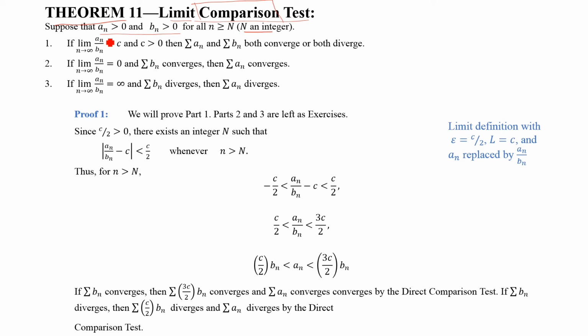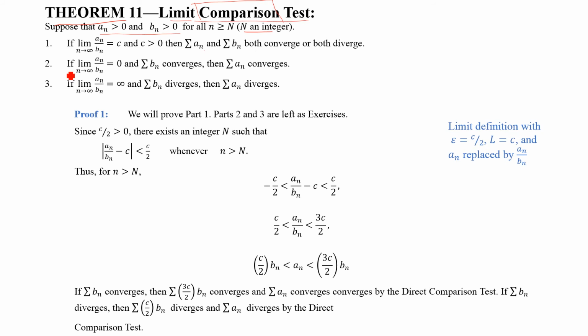If the limit of a_n over b_n, that is the quotient of a_n and b_n, as n approaches infinity is c, and c is greater than 0, then sigma a_n and sigma b_n both converge or both diverge. If we know one of the series is convergent, then the other will also be convergent, and if we know one of the series diverges, then the other series will also diverge.